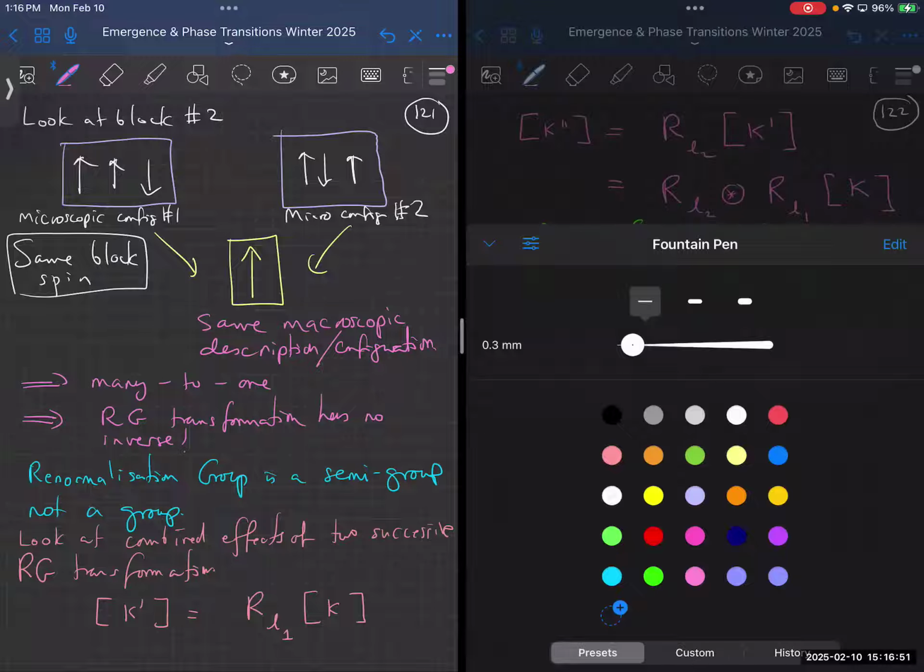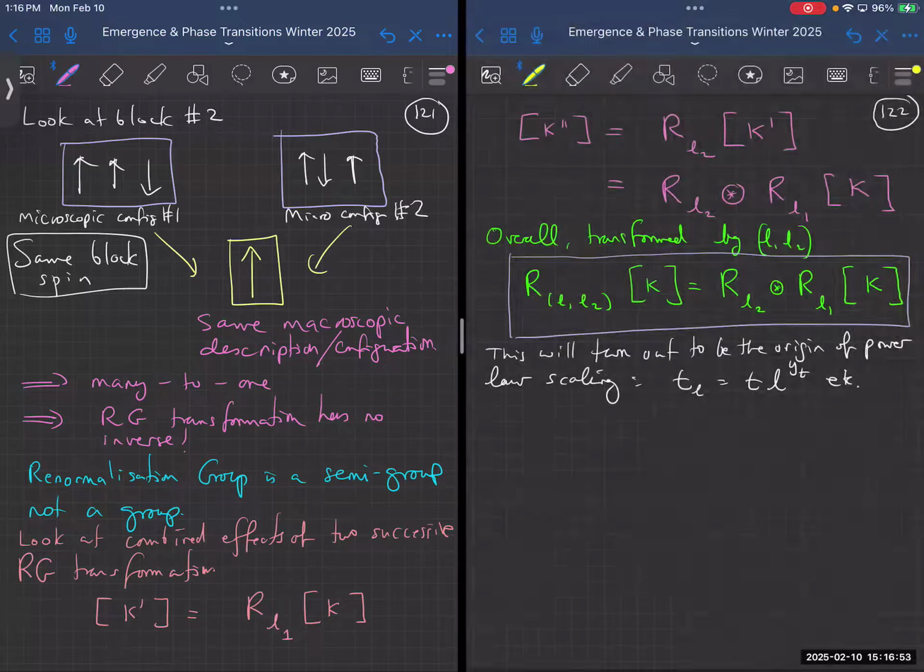Okay. Yeah. Yes. Like the order doesn't matter. Yeah, they commute. Is that something that we can get from this?